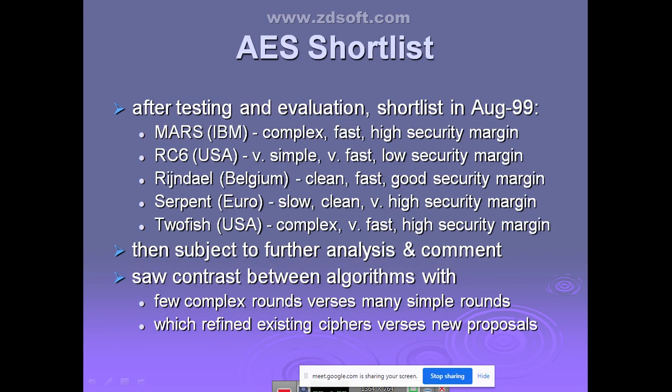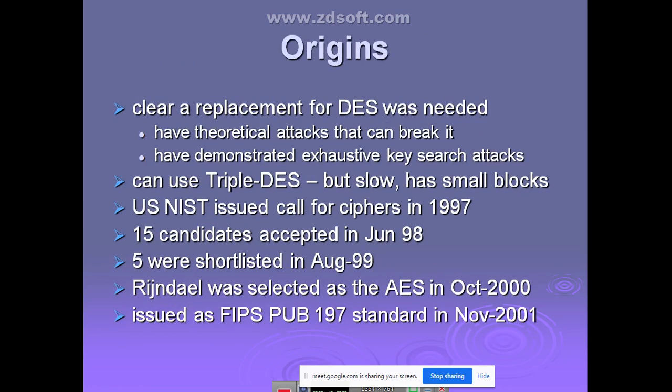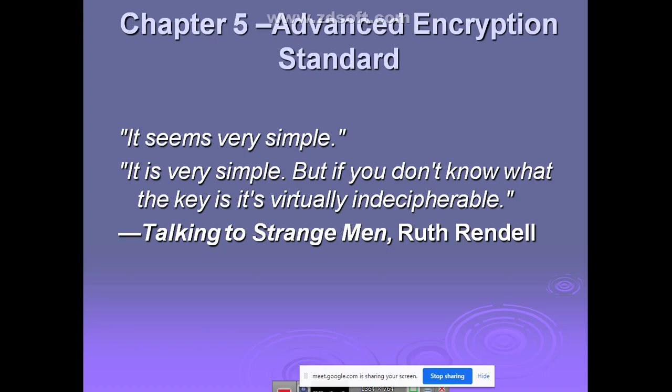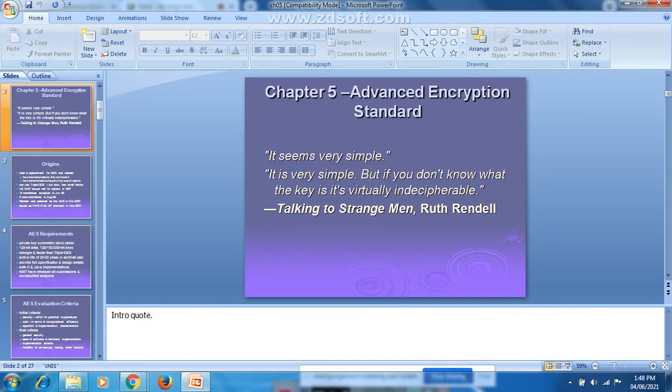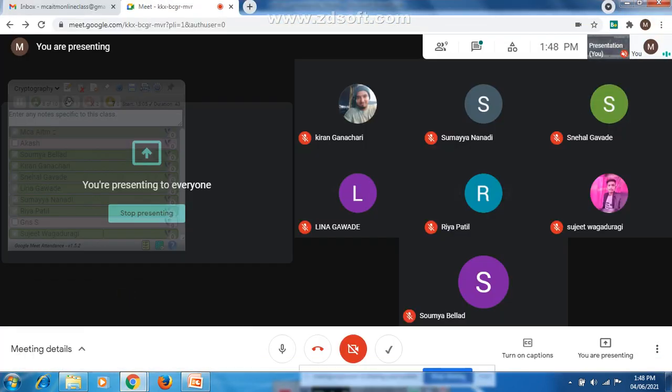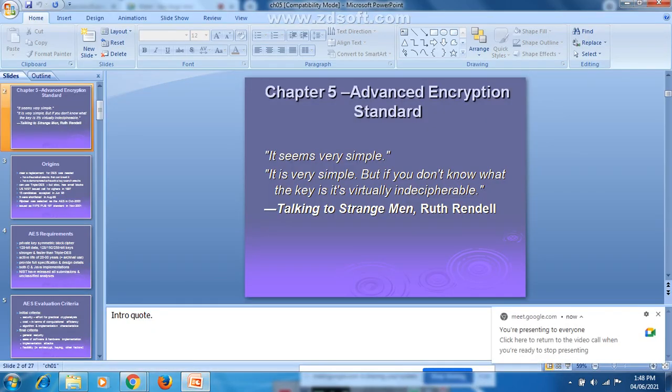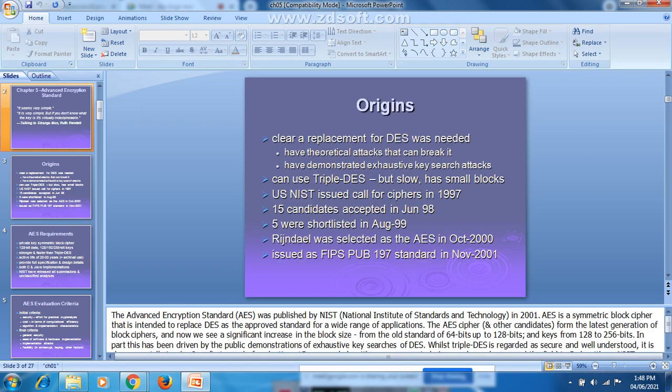We have just seen what the AES evaluation criteria are, what all the requirements are, and what the origin is. Any doubts with this, guys? We have seen the historical part, how the AES evolved from DES or triple DES, and why a replacement was needed.